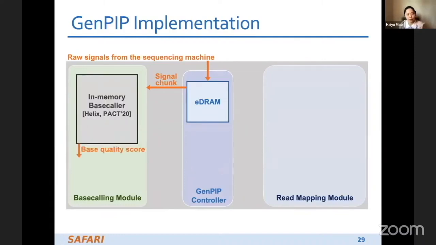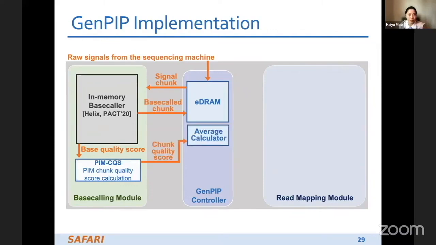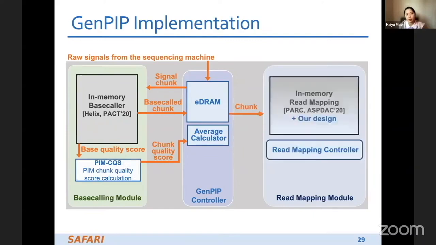And after we calculate the base call chunks, we calculate the base quality score using our PIM-based chunk quality score calculation, and then we forward both the base call chunks and the chunk quality score to the GenPIP controller. And then after that, we forward the chunks to the read mapping module, so that we can get the read mapping result.